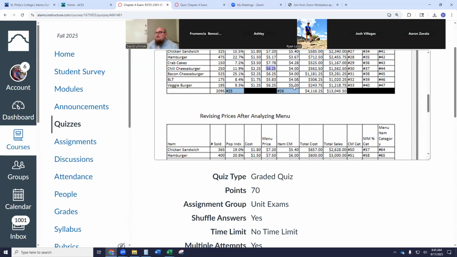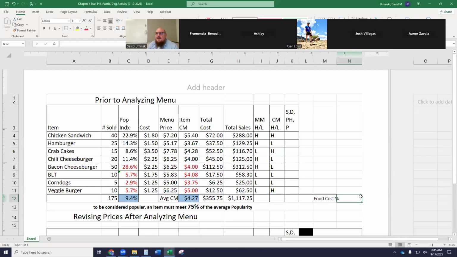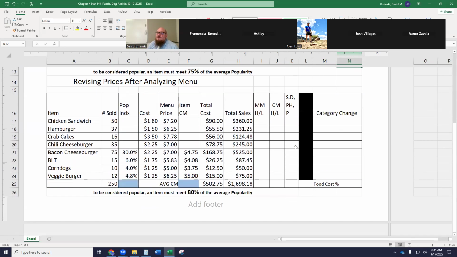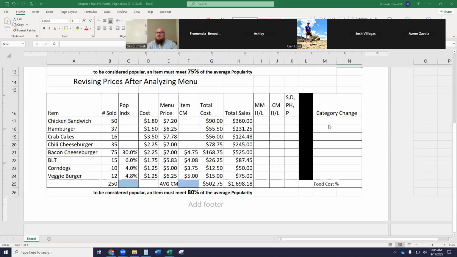So today, for the homework or for the activity in class, you're going to repeat what we did up here. And then you are going to come down here and where it says category change, you're going to basically say, did it move categories once we made some changes? So here we have our menu, we've analyzed it. Then we're going to make some changes.